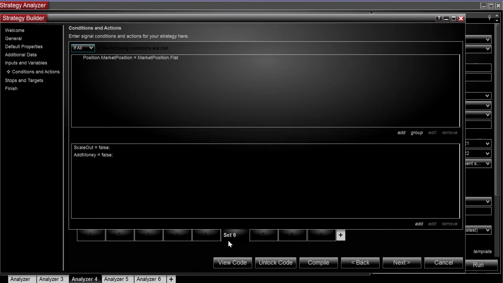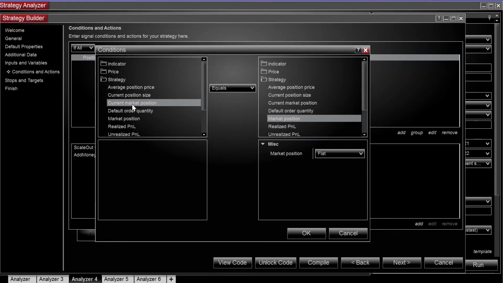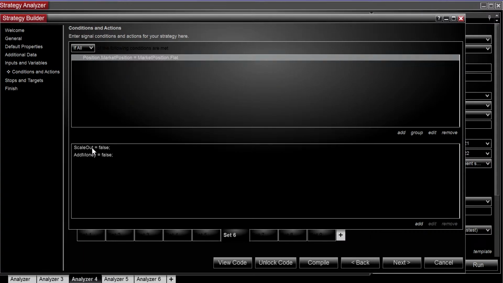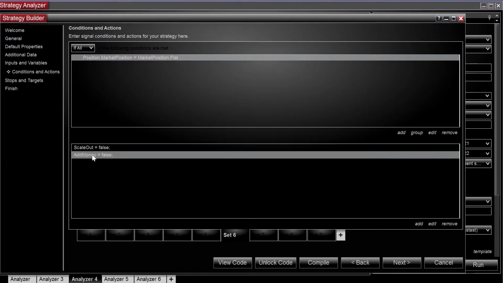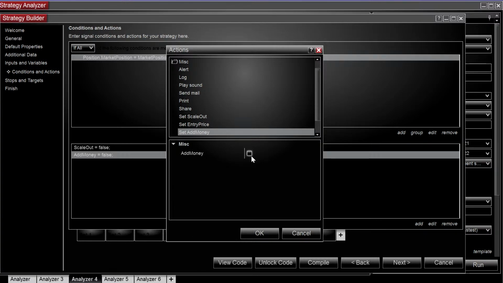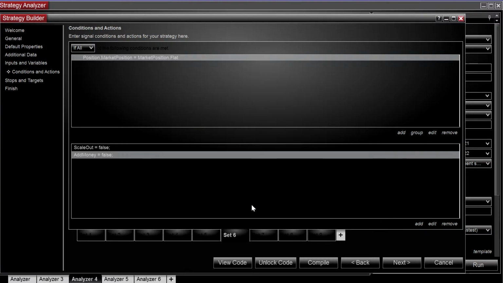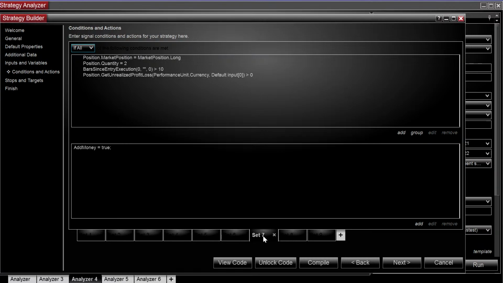On to set 6, we have current market position equals flat, scale out equals false, add money equals false. Just uncheck to get that false value. On set number 7, we're setting another variable.